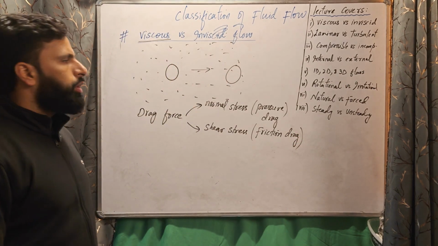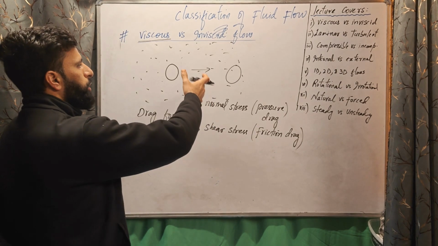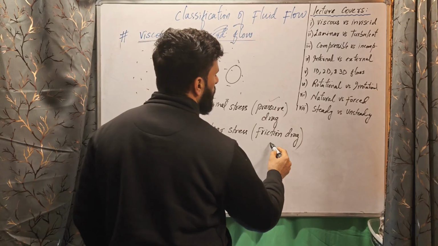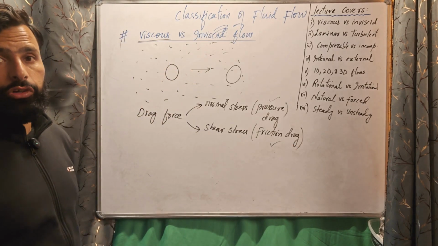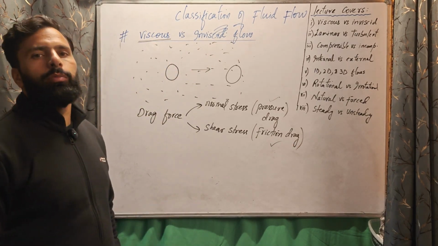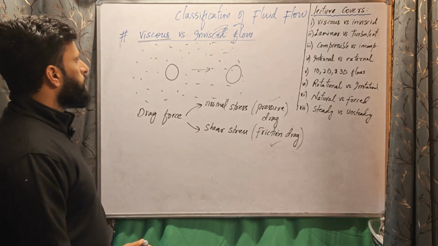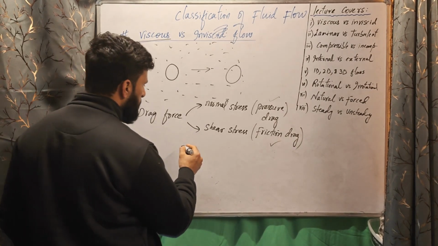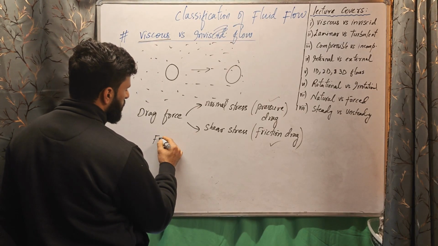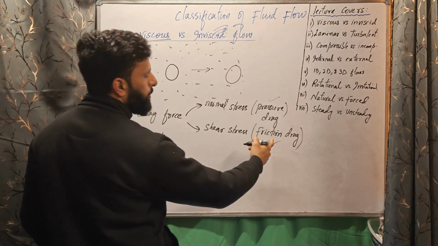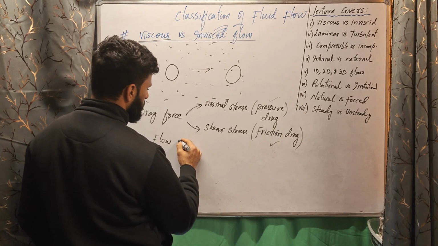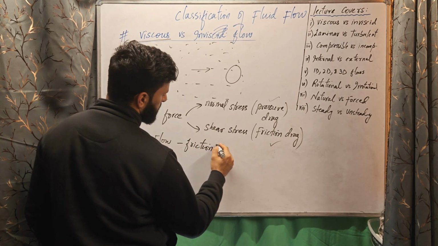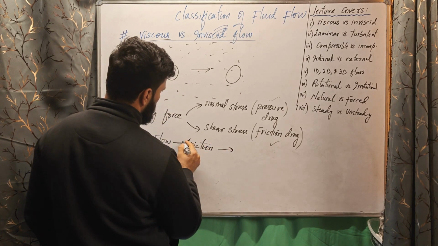Now the question is, we want to know whether this particular flow field is dominated by pressure drag, or whether it is dominated by friction drag, or whether it is dominated by both. That is where the concept of viscous versus inviscid flow comes in.